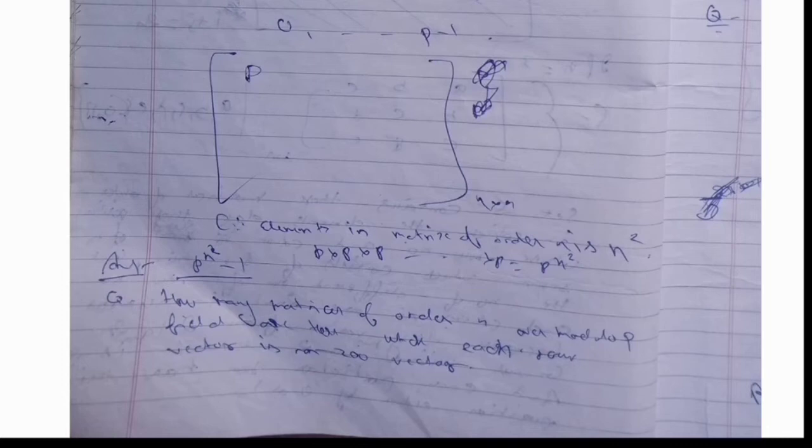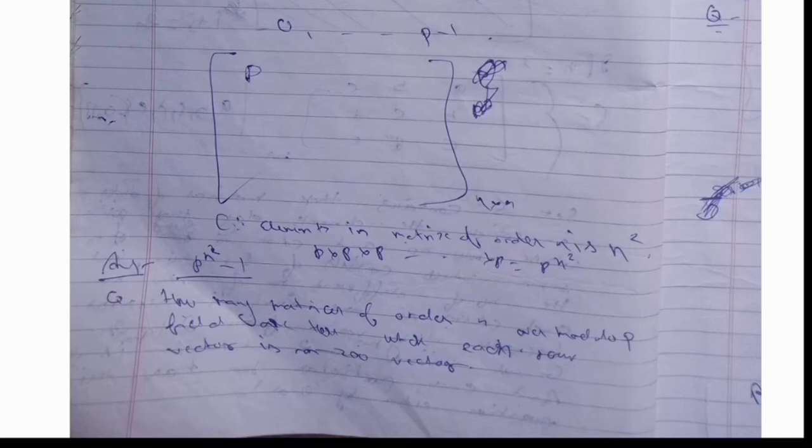How many choices do we have for each position? p. So p cross p, how many times? n square times. So p raised to power n square. But we have to delete one matrix, the one with 0 as the entry for the whole n cross n matrix. So p raised to the power n square minus 1, deleting the null matrix.